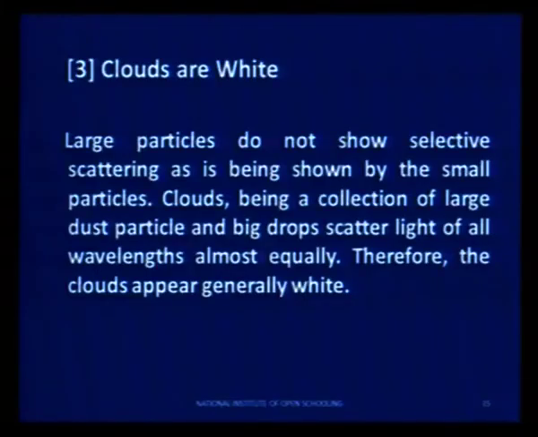Large particles do not show the selective scattering as is being shown by the small particles. Clouds, being a collection of large dust particles and big drops, scatter light of almost all wavelengths equally. Therefore, the mixture of all the colors of light makes the clouds white.